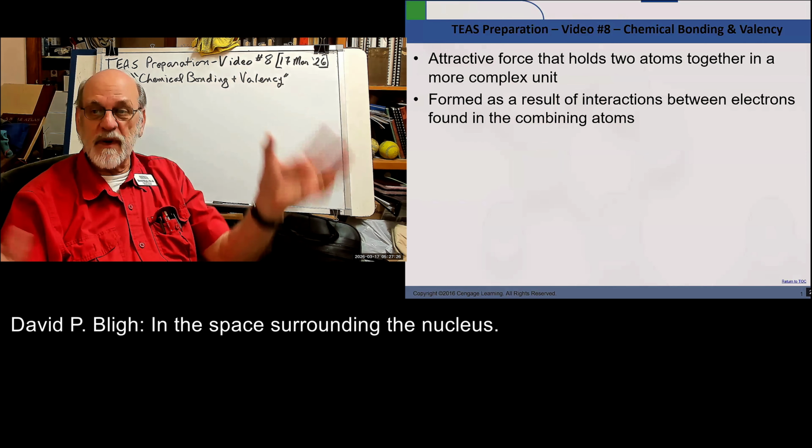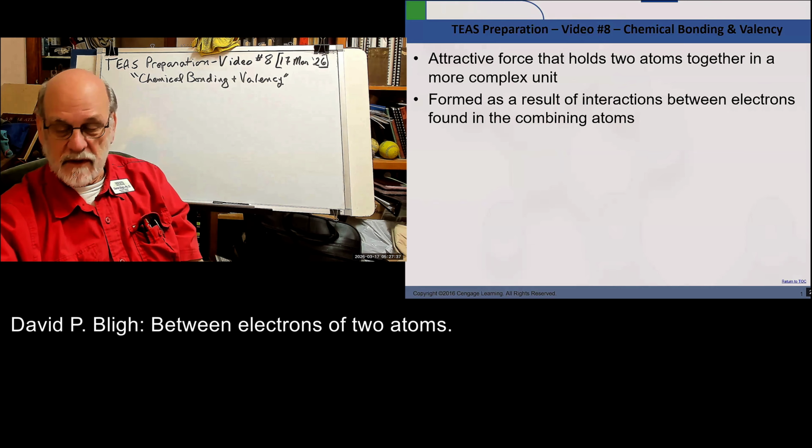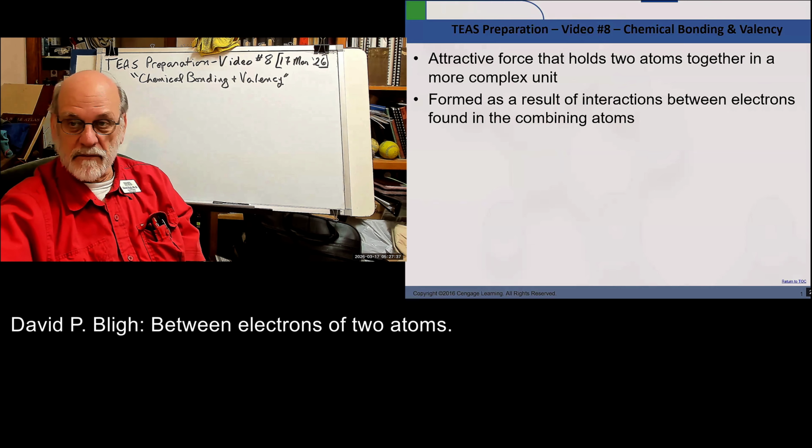So when two atoms approach one another, the first thing they see is electrons. And that's where the bonding occurs between electrons of two atoms.